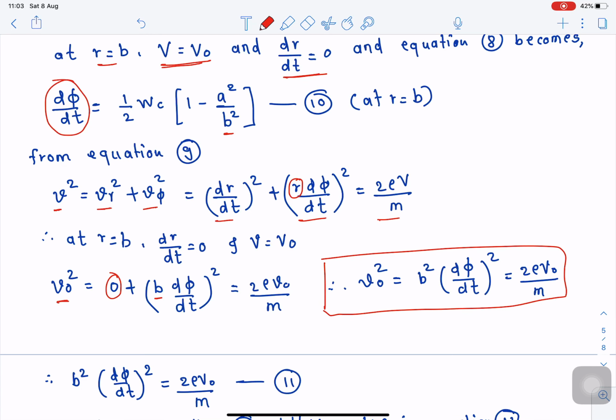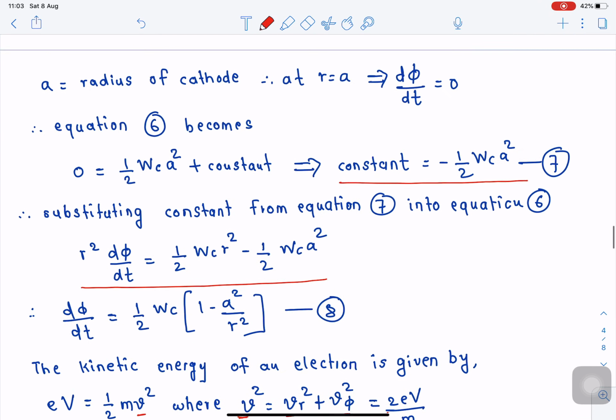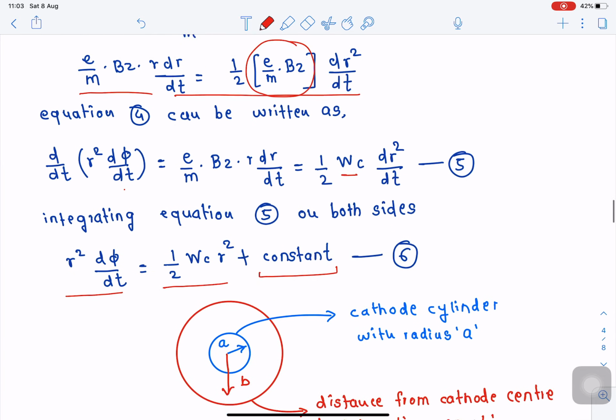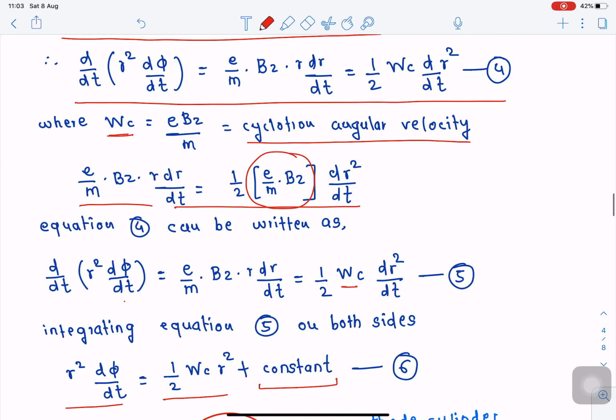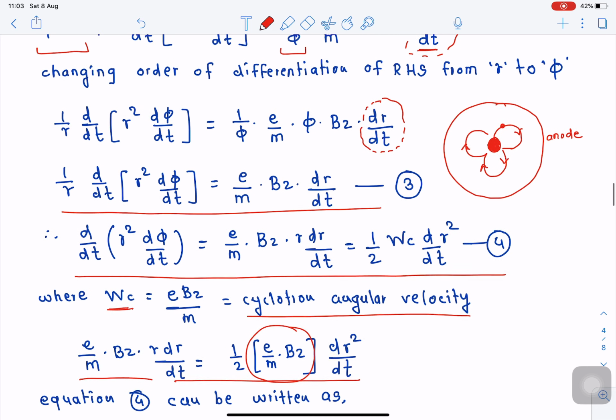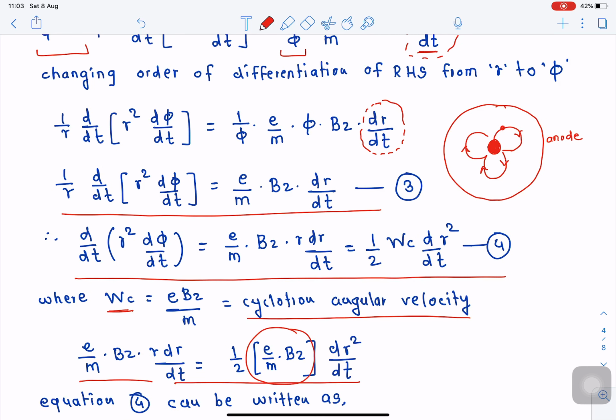This completes the operation, construction and working principle of the magnetron tube, the first tube which makes use of crossed, perpendicularly oriented electric and magnetic fields for its operation. Essentially, this cylindrical magnetron tube is utilized as a microwave oscillator or microwave generator source in high frequency applications.